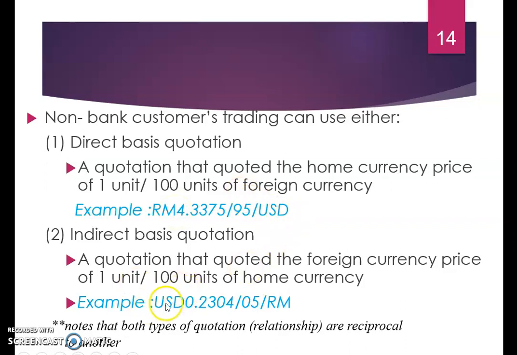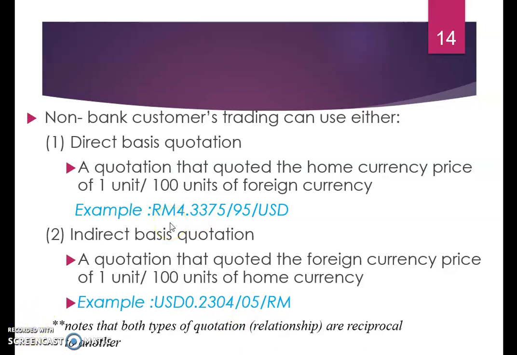But if you see this quotation, in order for us to convert 1 RM, we only need USD 0.2304. So if the currency we quote is less than 1, you should know that currency is actually stronger than the currency that you compare with.